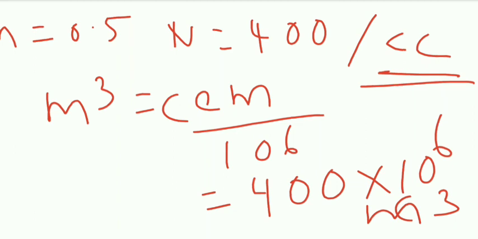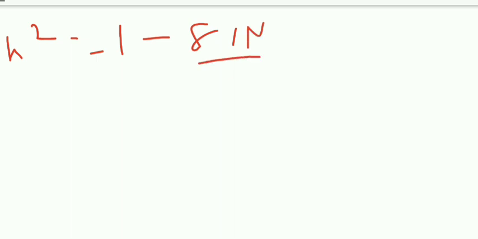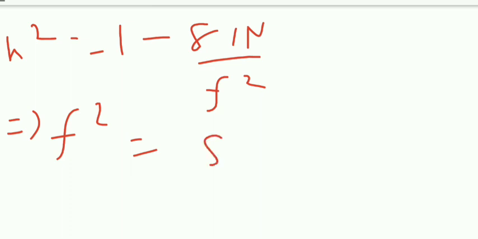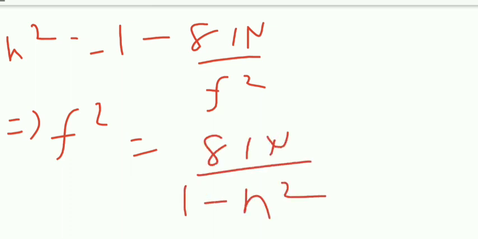Now we can substitute. So simplify that. We know n squared is equal to 1 minus 81 N divided by f squared. This implies f squared is equal to 81 N divided by 1 minus n squared.